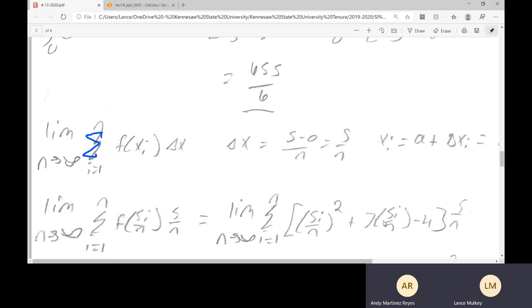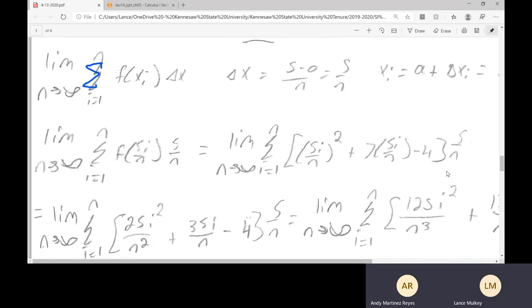Yep. And 7 times 5i over n? That's 35i over n, just n. And then 4 times 1 is just 4. And then you multiply everything by 5 over n.